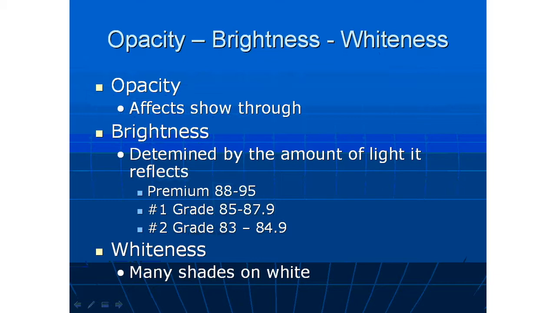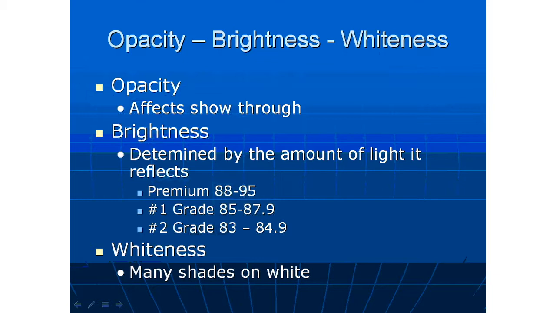The brightness of a paper is determined by the amount of light it reflects. A paper with 100% brightness rating would reflect all light from its surface. Most papers have brightness ratings that fall between 60 and 90%.